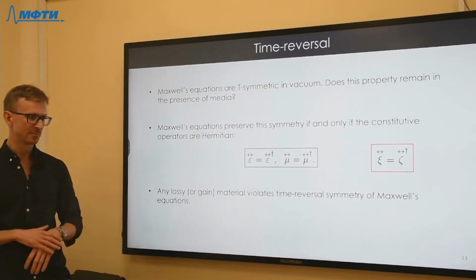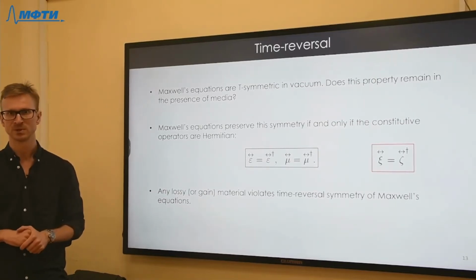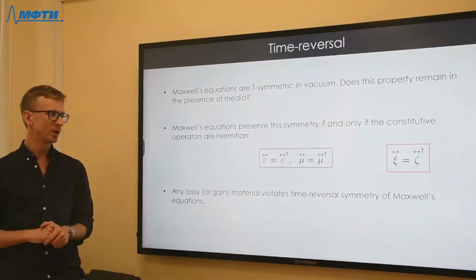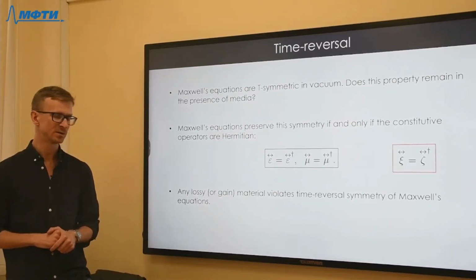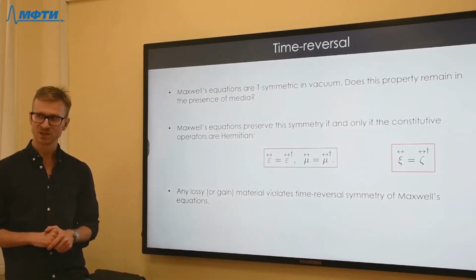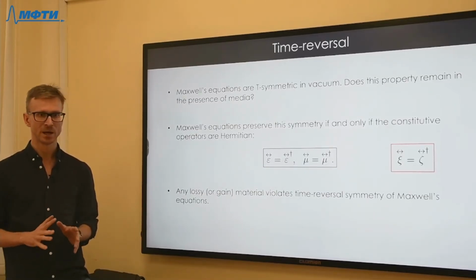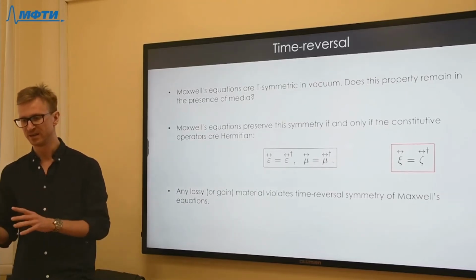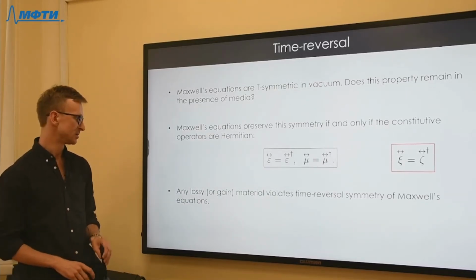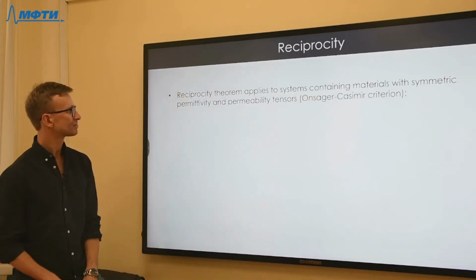Sometimes it is tempting to say that this system is time symmetric, but it is not. It will have, in many cases, very exotic properties, which we're going to study in the next term, so-called PT symmetry. But from the overall perspective, the system is not time reversal symmetric as soon as you have any dissipation or any gain present in the system. That violates time reversal symmetry.